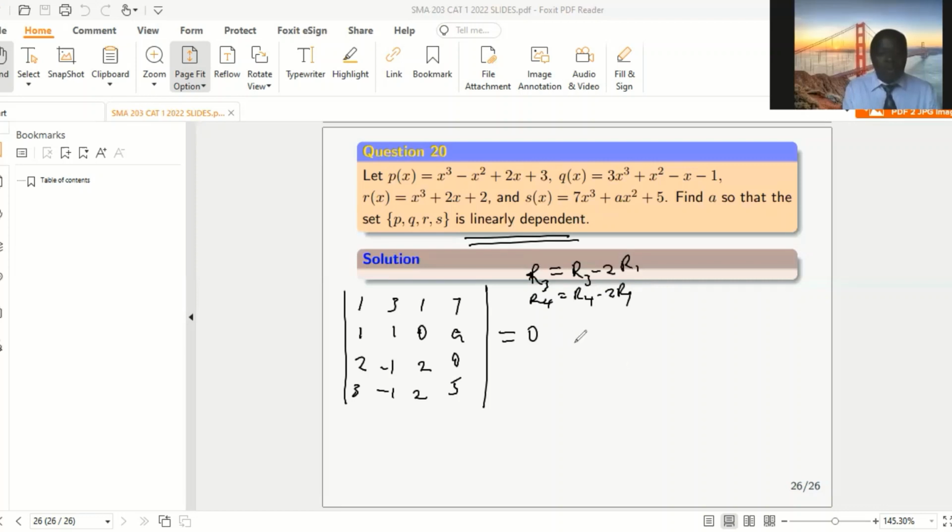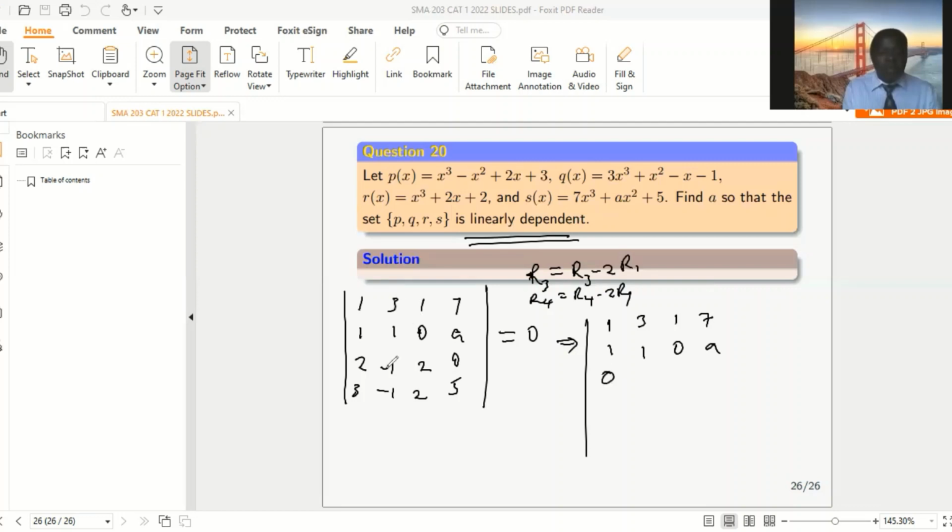So when I do that, row 1 remains where it is. But this one also remains where it is, because it already has a 0 where I want it. Now multiply this by 2 and subtract from row 3. This by 2 from there, I have a 0 here.